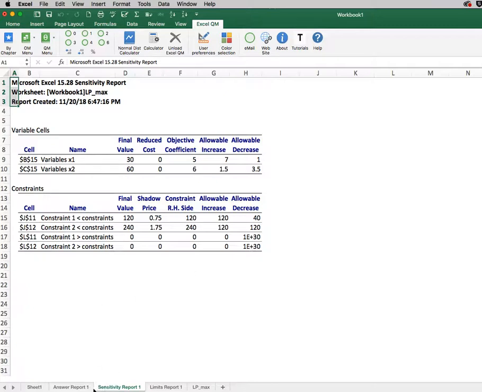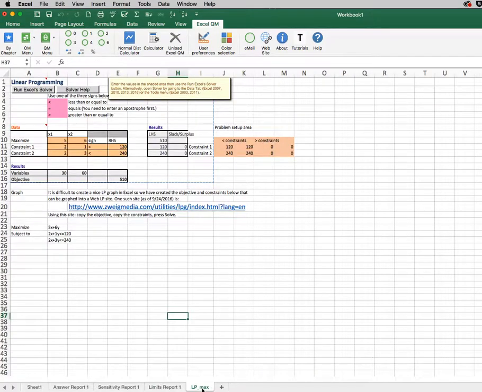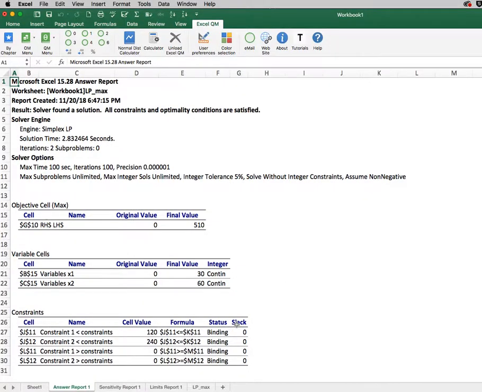And if we look at the limit report, let me come over here, to maximum. It would be under our answer report. We're looking at slack. Look at constraint 1, constraint 2. The cell value is 120 and 240.